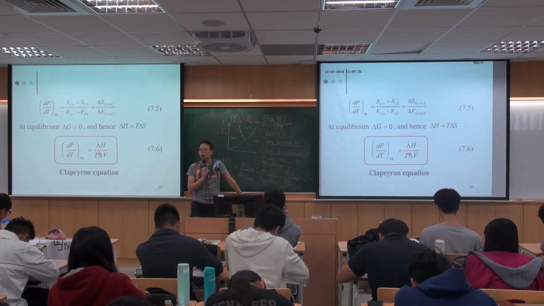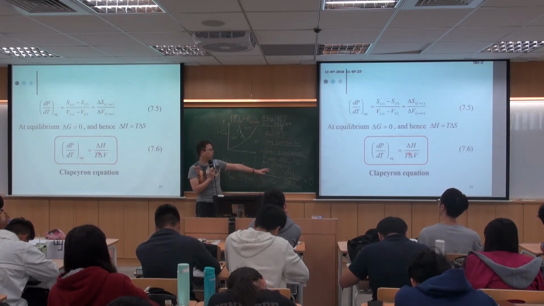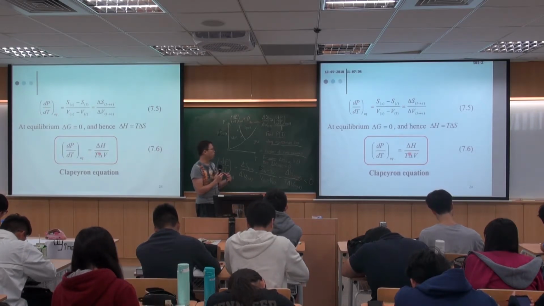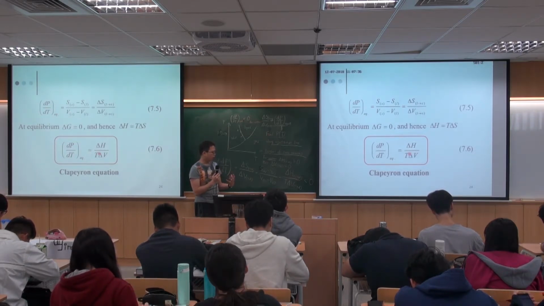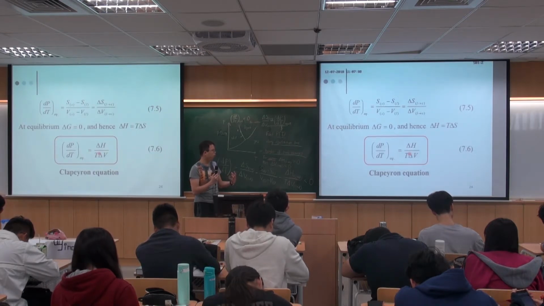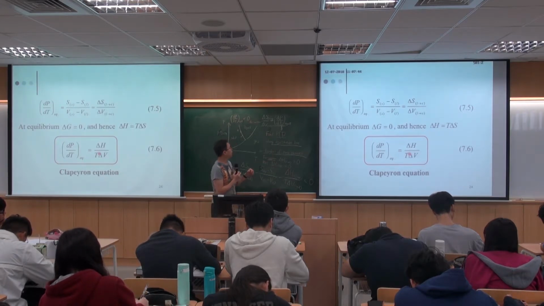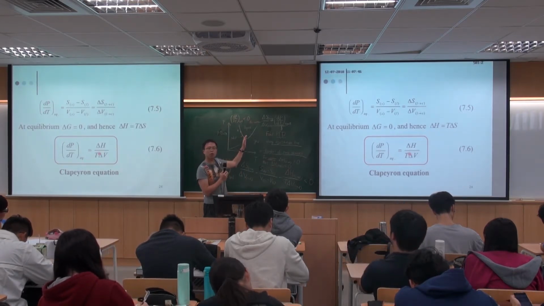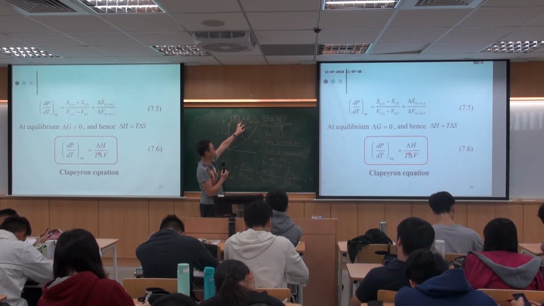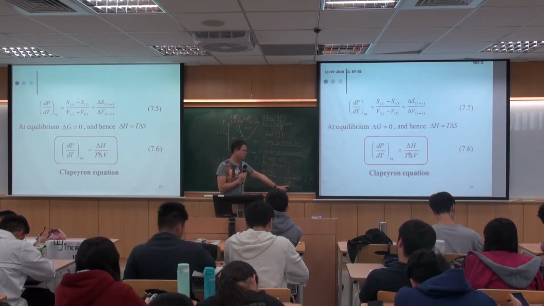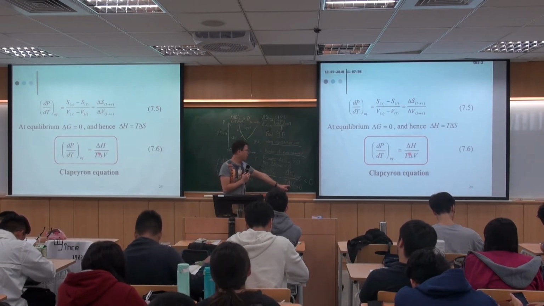But if you're dealing with, for instance, carbon dioxide, which is a regular material, when you melt something into liquid form, the volume will become bigger. Therefore, this is a positive number. Then you'll get a positive slope, because dP dT, by that definition, will have a positive denominator.